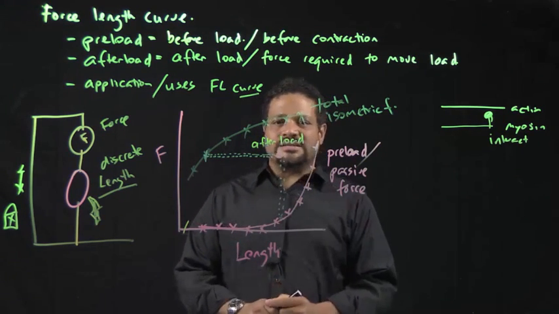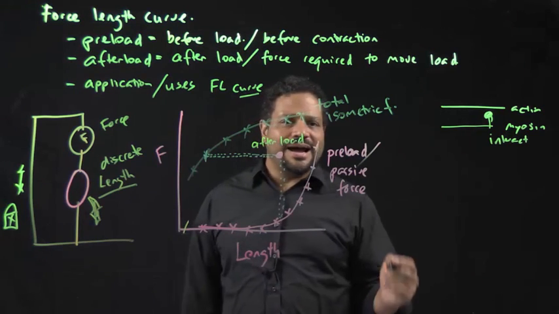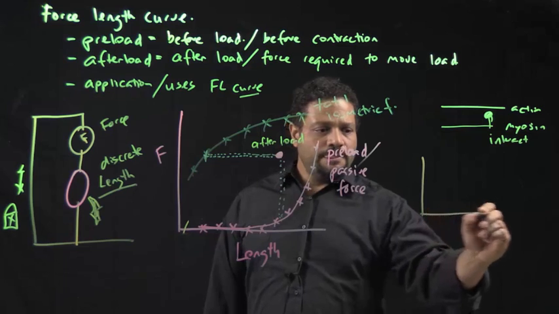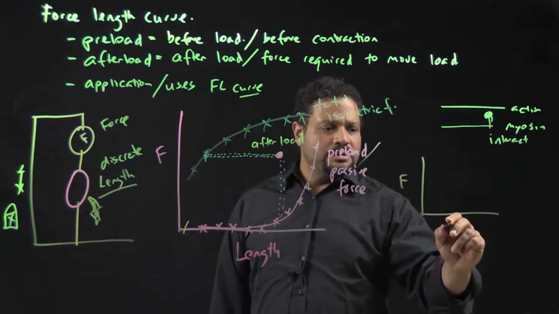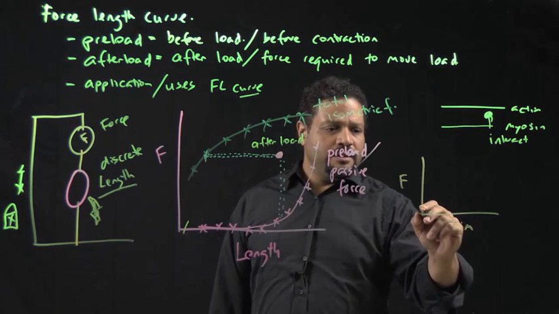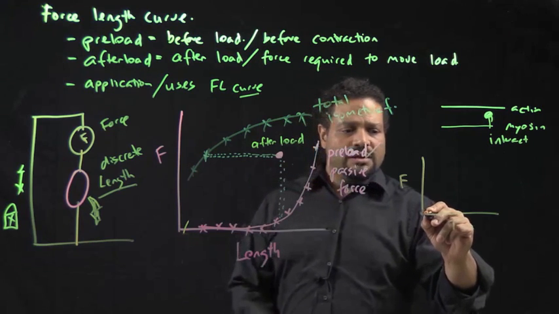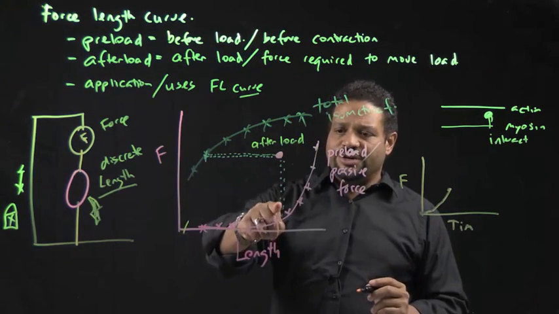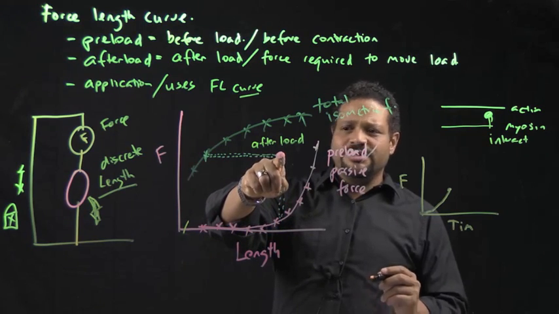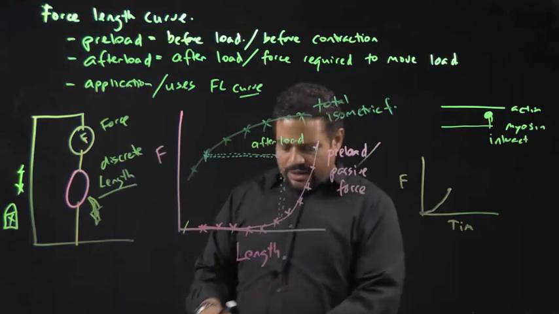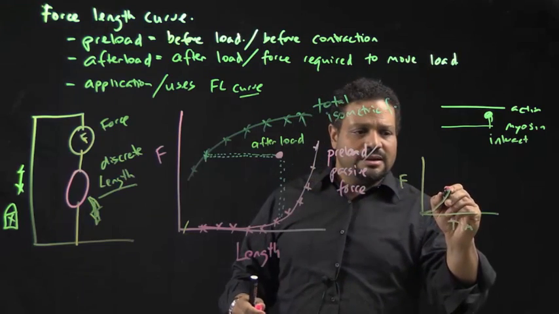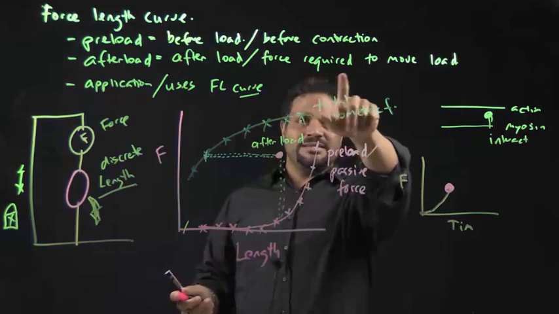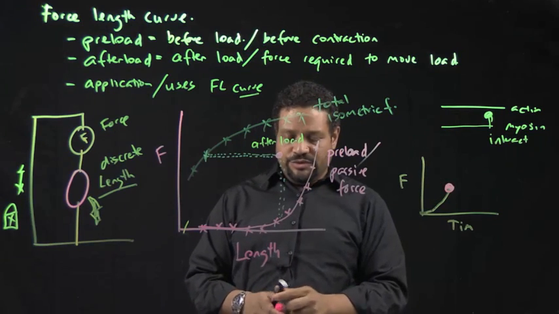Graphically, we've discussed this. This is called an isotonic contraction. Force per time. The muscle will generate force until it reaches this afterload, or the force is equal to the load that it has to move.